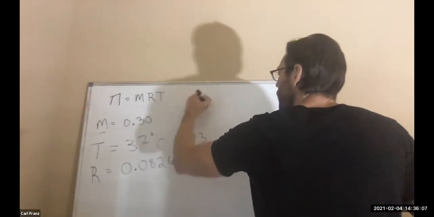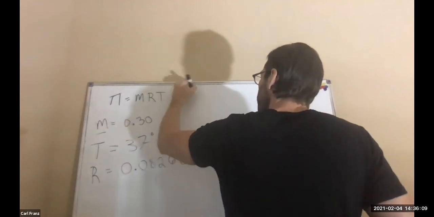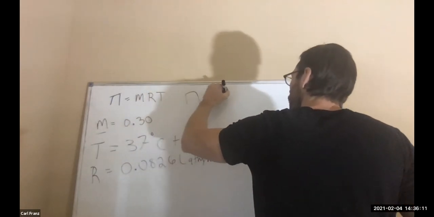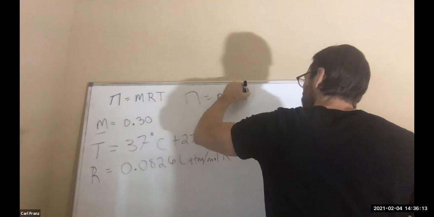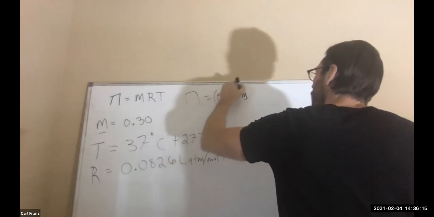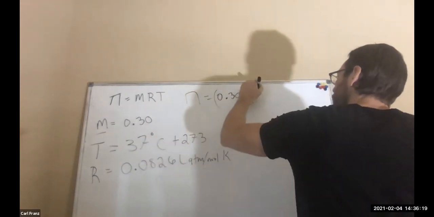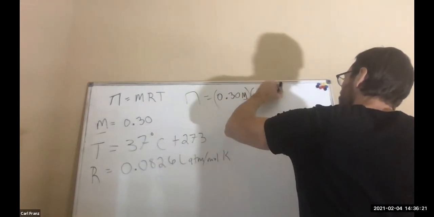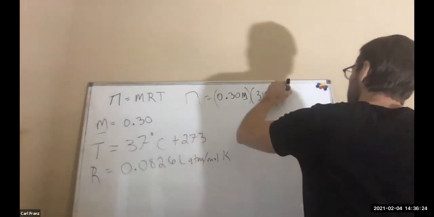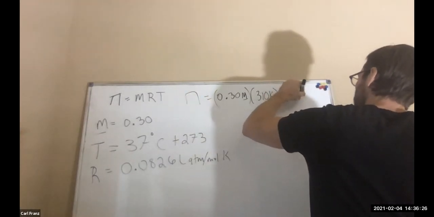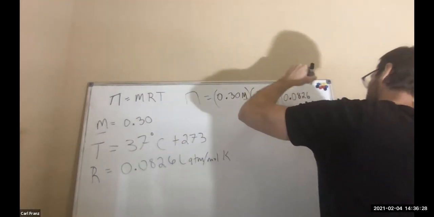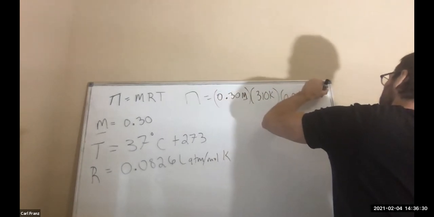So it's going to be 0.30 moles times 310 K times 0.0826 liters.